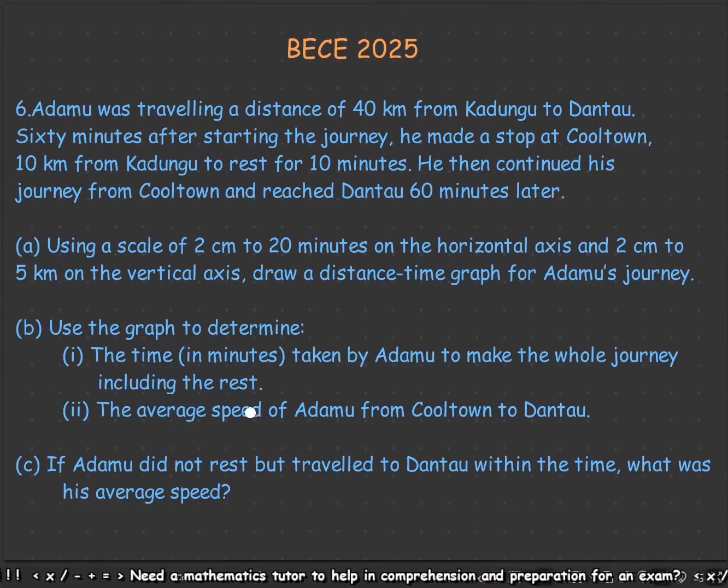So the first one says the distance separating these two towns is actually 40 kilometers. But then 60 minutes after starting the journey, he made a stop at Kutown. And Kutown is 10 kilometers from Kudungu. You get it? That is 60 minutes, 10 kilometers.